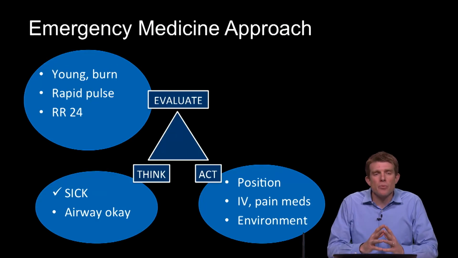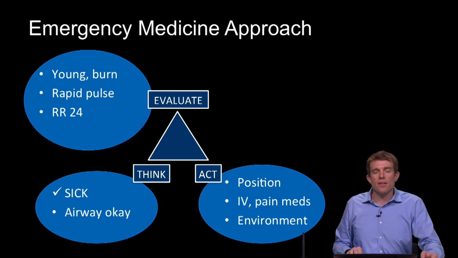In our particular patient, we had a young 10-year-old with a pretty significant scald burn who had a rapid pulse and respiratory rate. His airway was okay though, and he had no evidence of any airway injury. So oxygen is probably an option in our actions, but not necessary. But we do want to place that IV, give pain control, and get the patient in a clean setting.